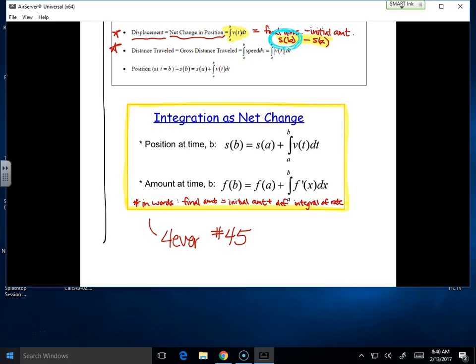I changed it back to amount from number, sorry. In terms of applications, that'll be much more helpful. Now I didn't put the whole definite integral from a to b, but the amount at b equals the amount at a plus the definite integral, which represents how much the amount changes between a to b.